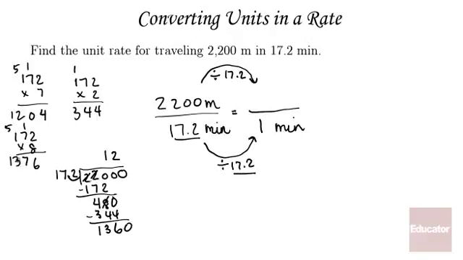And that would be too high, so we'll put in 7. 1204. Subtract and put a decimal place and continue.